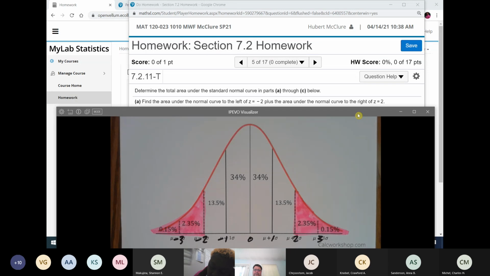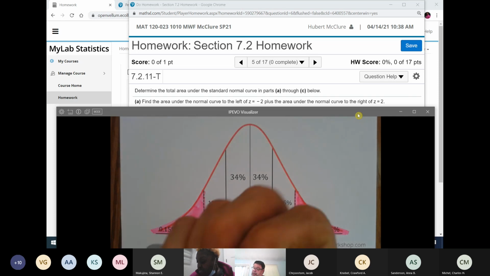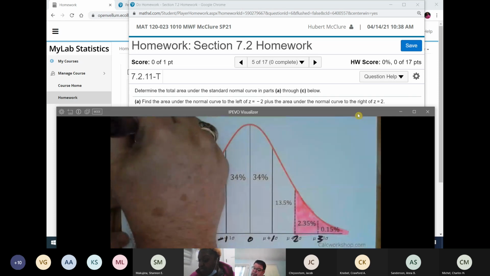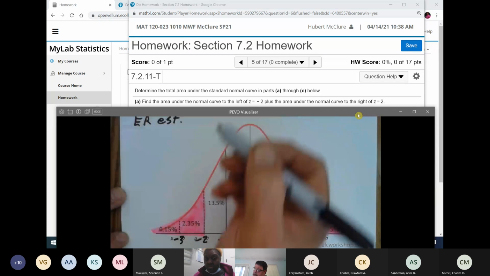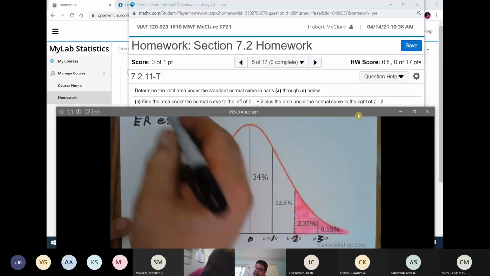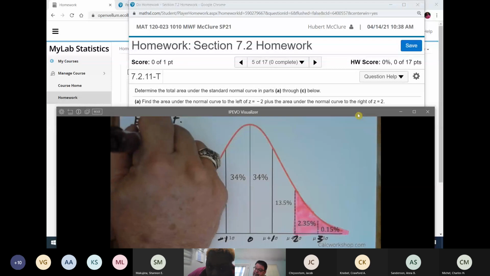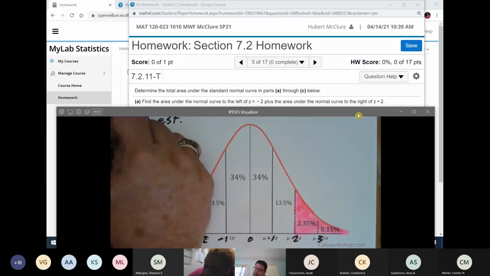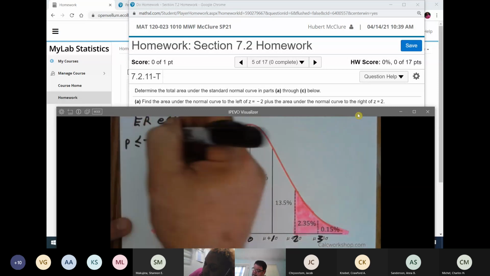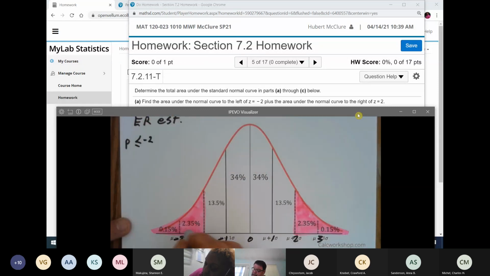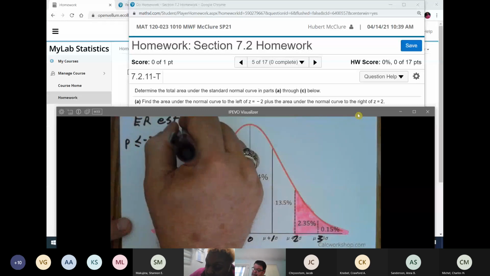Got it? Now, I'm going to use the empirical rule to guesstimate. So I'm going to go up here and put empirical rule to estimate. So below -2, the probability below -2 is 0.15 and 2.35, which is 2.5%.